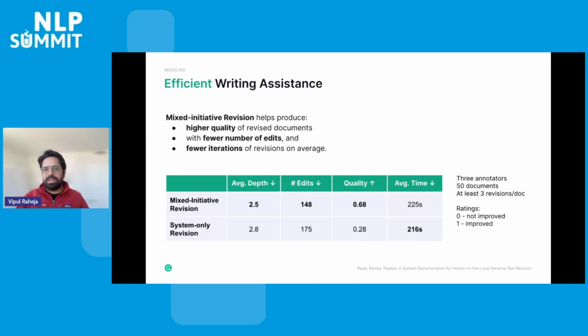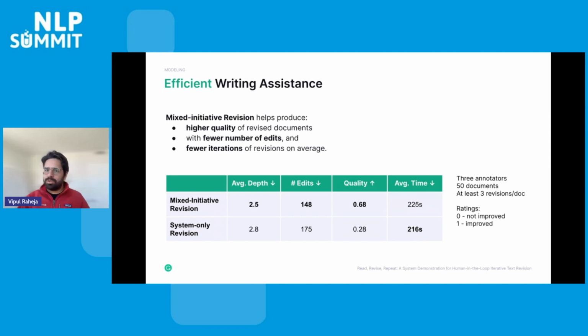So finally, we also measure the efficiency of the mixed initiative by removing the human interaction from our system and asking 3 qualified annotators again to evaluate the revisions made by our system for a few hundreds of documents, which had at least 3 revisions per document. And this gives us the system-only baseline. The annotators were asked to judge whether the final revised documents have improved in quality.